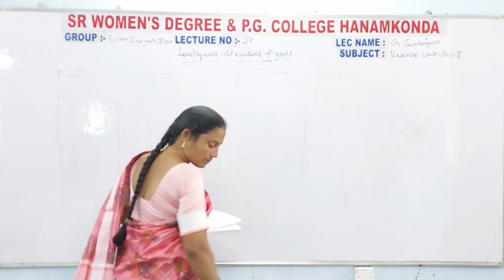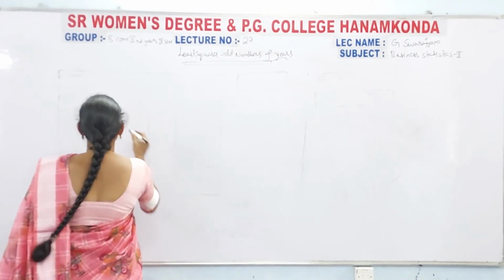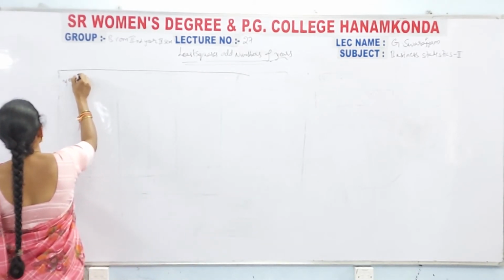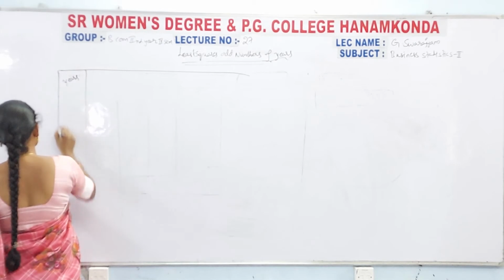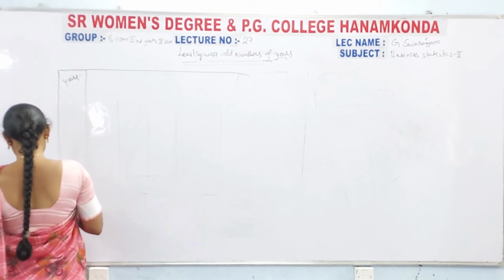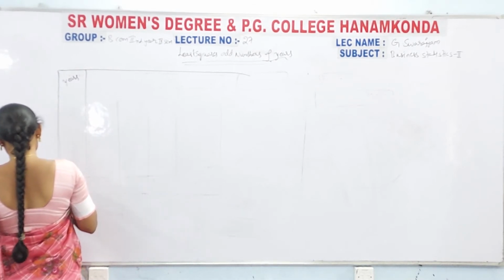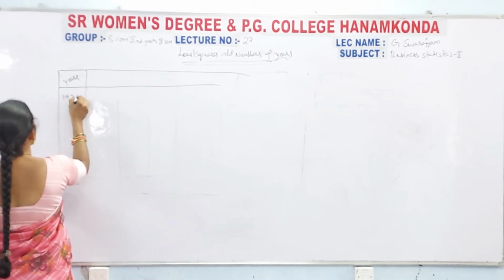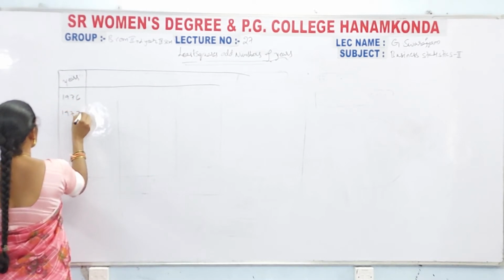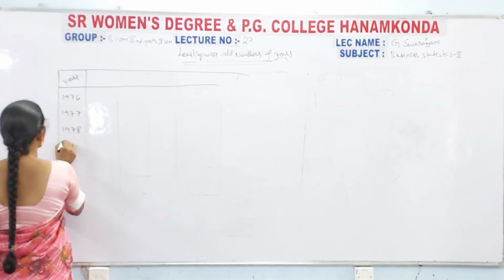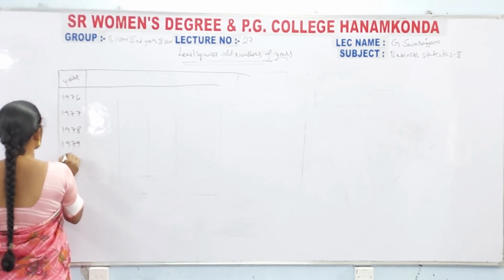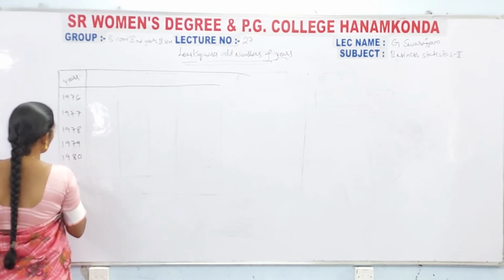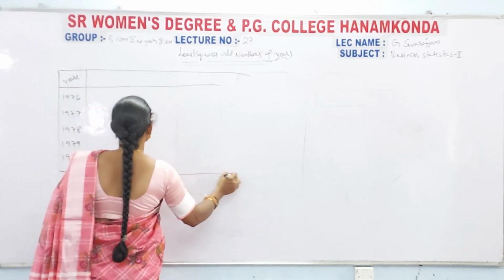Future estimated sales values are calculated. So here the years: 1976, 1977, 1978, 1979, 1980. Okay, so we have to calculate up to 1985, let's calculate.